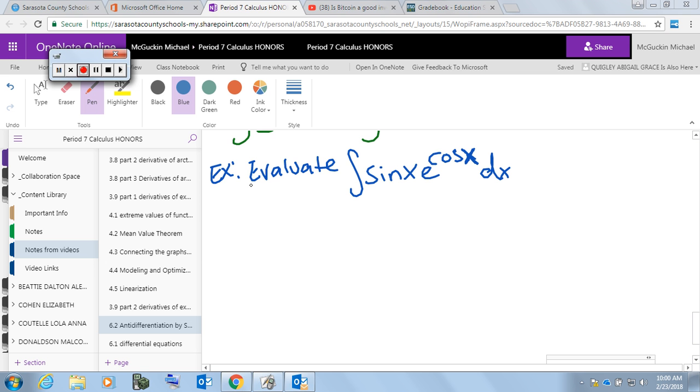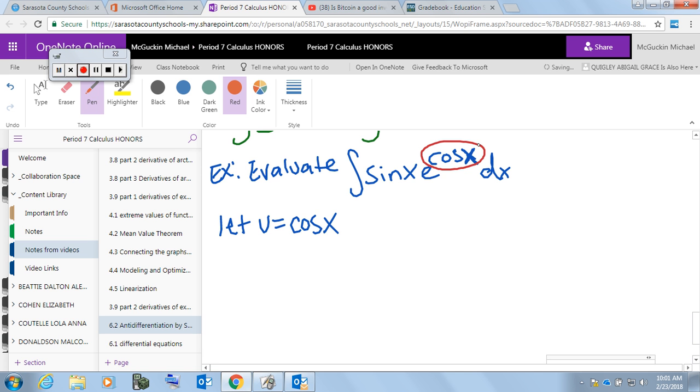So here's how it's going to go. We're going to let u equal cosine of x. And now we are going to be changing a couple of things. Because when I let u equal cosine of x, I am now going to be replacing cosine of x with u.